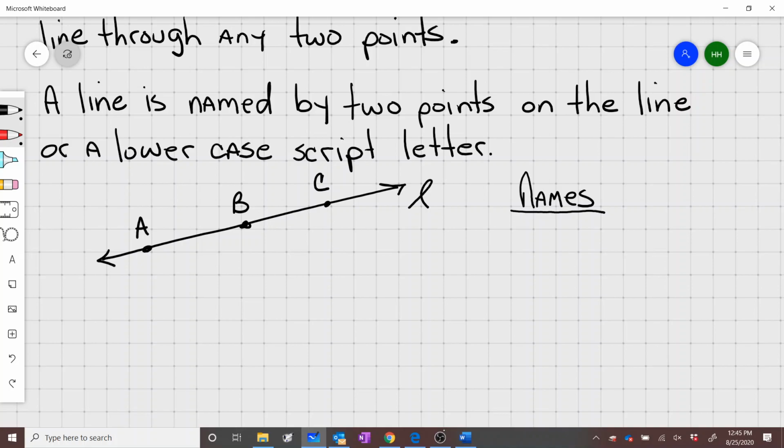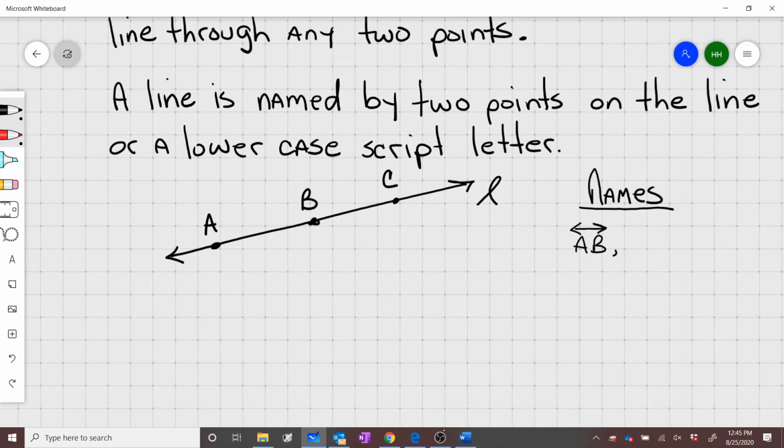If we were naming this line or describing this line or referring to this line, we would use this little symbol, which is just a small, there's your symbol for line. We could call this line AB. Alright, because a line is named by any 2 points on the line.